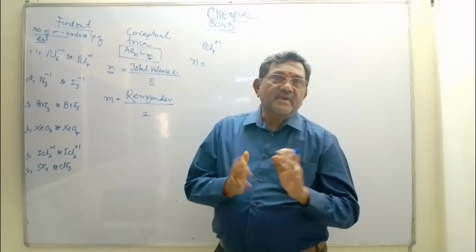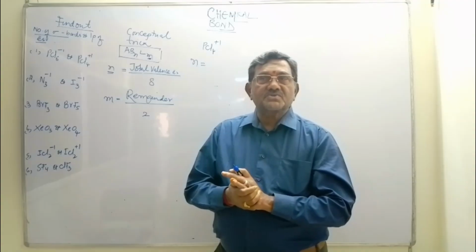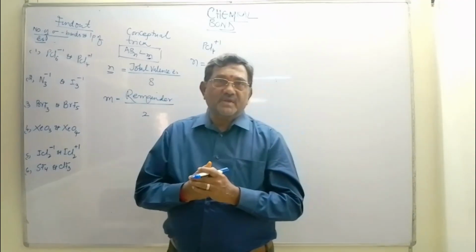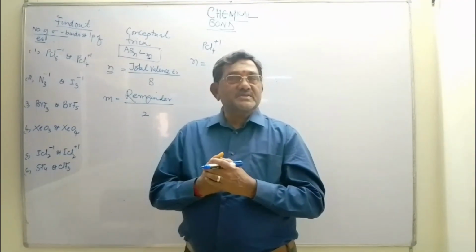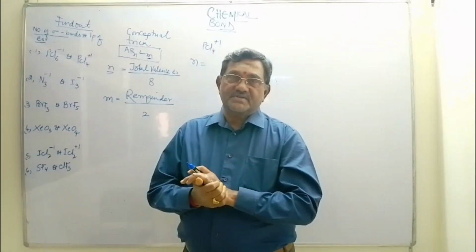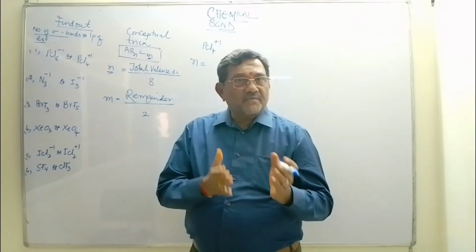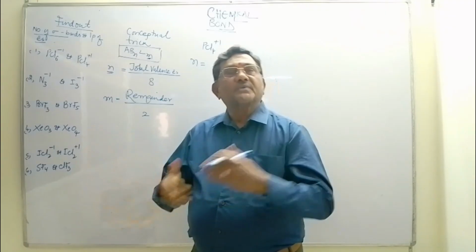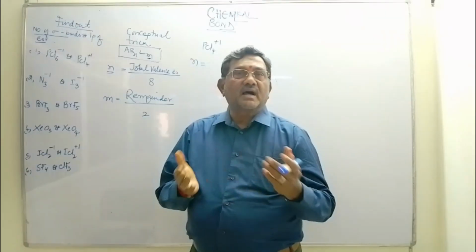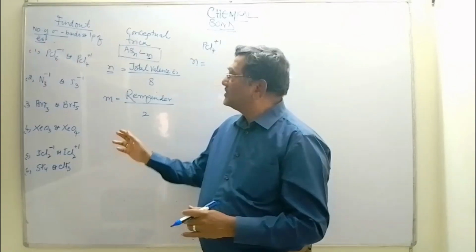This is a way to find the sigma bonds and lone pairs to predict the shape of the molecule, based on VSEPR theory as well as hybridization. So basically we are finding the number of sigma bonds and lone pairs. After that we will go for the shape of the molecule. This is the first trick which we are going to do.